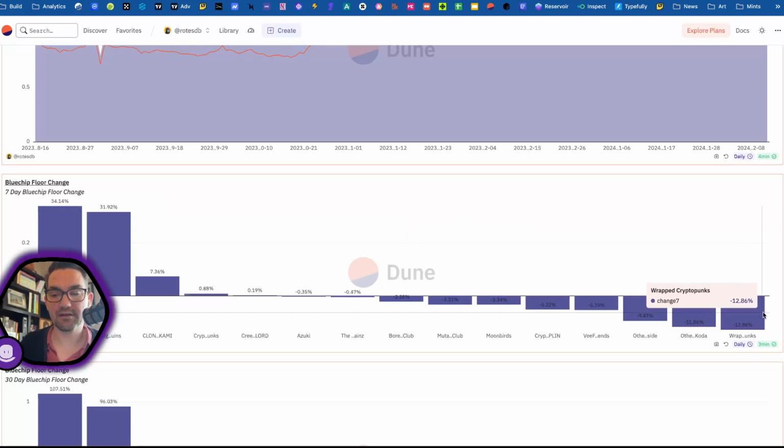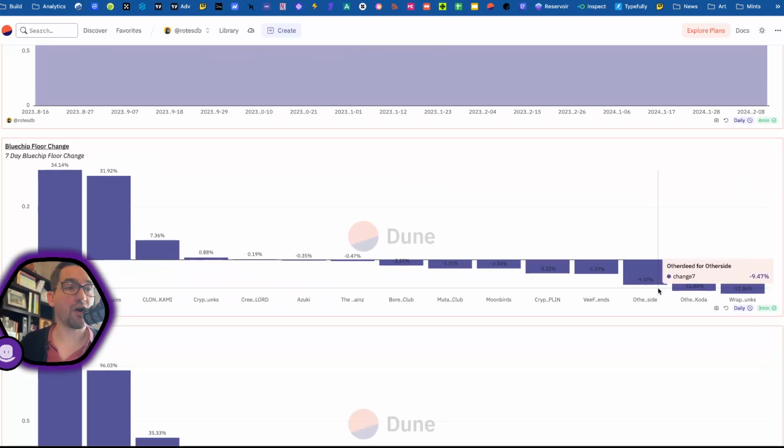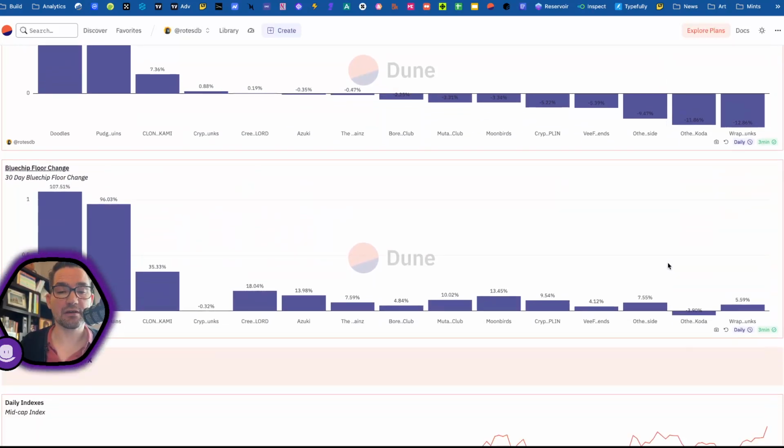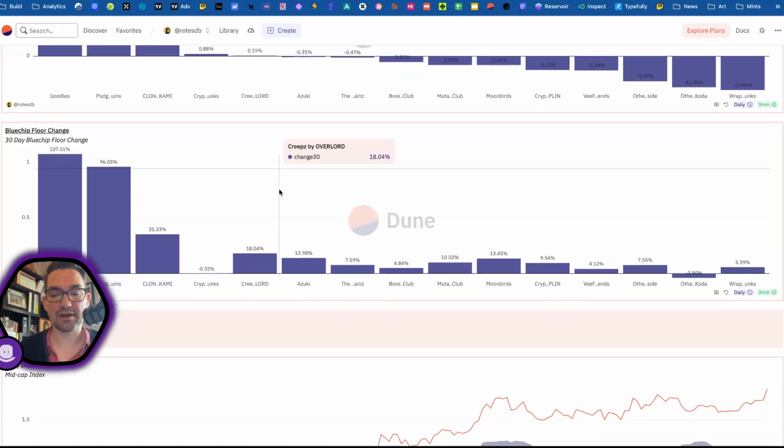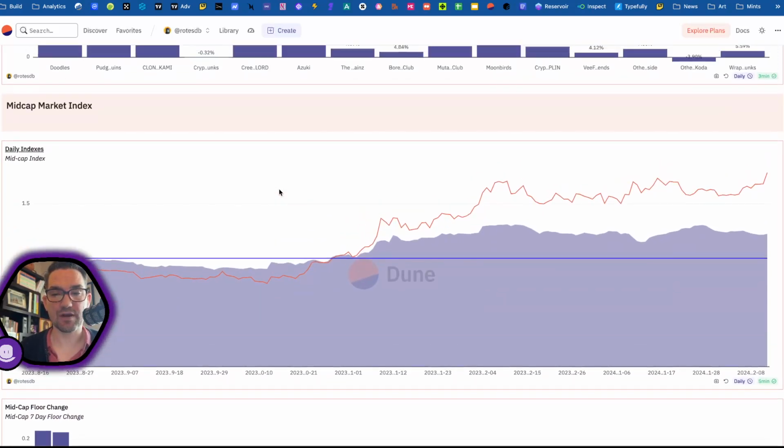Punks actually leading the negative here, down 13% over the week, which is our general barometer of the NFT market. And then over the last 30 days, you see here Doodles up 107%, Pudgy's up 96%. So very strong periods for them. CloneX up 35, which is good to see. Also performing well over the last month.